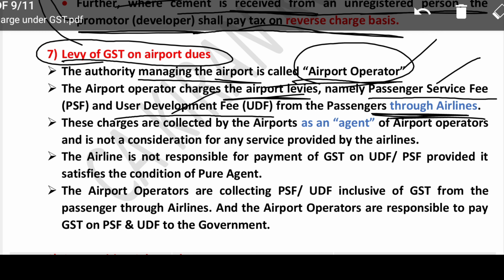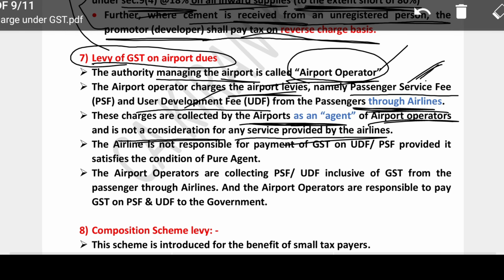So these charges are indirectly levied by the airport operator. The charges collected by the airlines as an agent of airport operators are not consideration for services provided by the airlines. So if you see in the flight tickets, the GST will be levied only on the basic fare plus other charges, not on these two charges, because these two charges are collected on behalf of the airport operator.